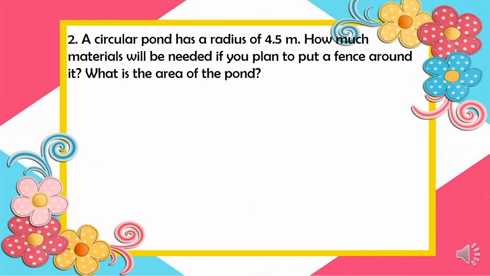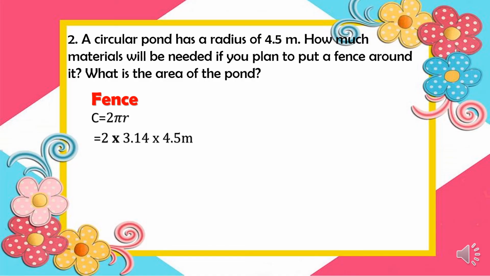And for number 2, a circular pond has a radius of 4.5 meters. How much material will be needed if you plan to put a fence around it? What is the area of the pond? So let us get first the fence, okay, so the circumference of the fence. We will be using the formula C equals 2 pi r.